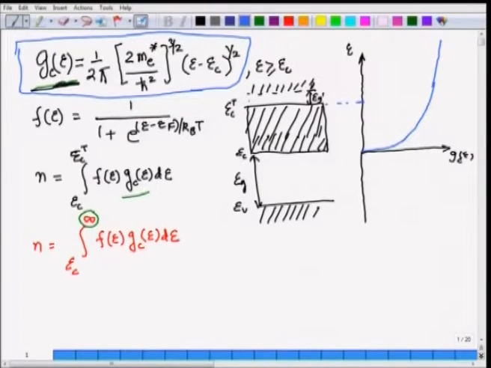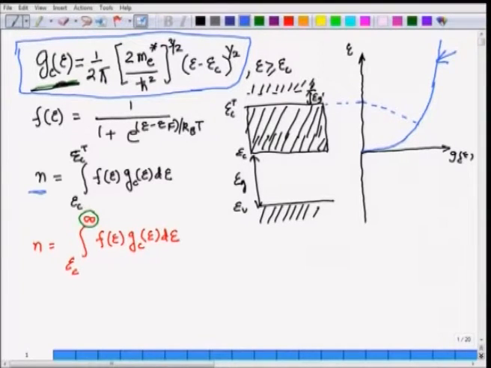So, I had mentioned that the actual density of states should be something like this: it goes as a parabola given by this expression somewhere in the middle of the band, then it should reduce and become 0 by the time it reaches the top of the band. Yet, when calculating n, I am going to use this blue curve which corresponds to this expression right here.